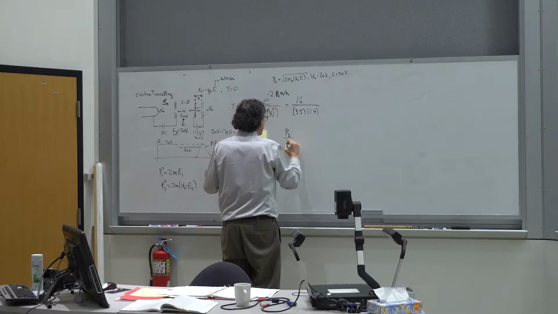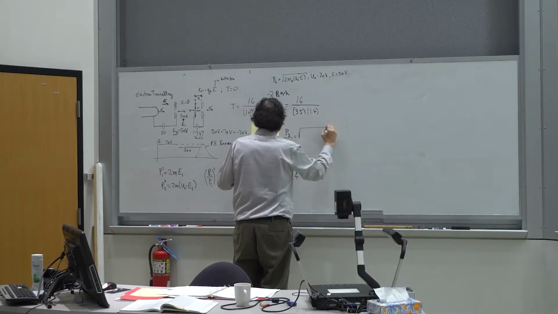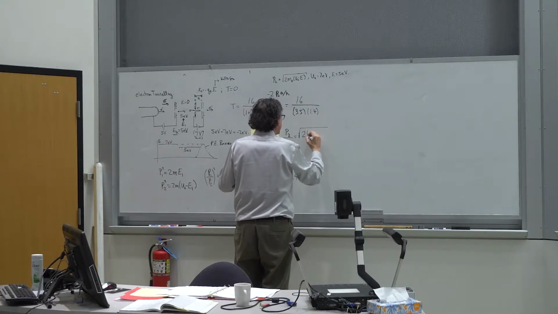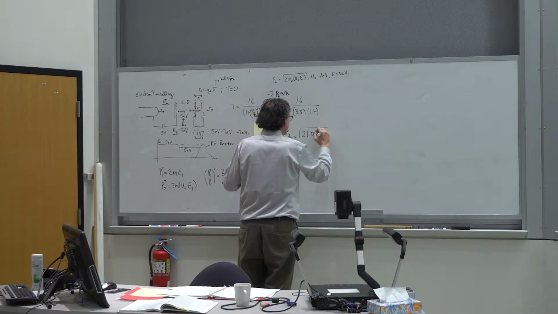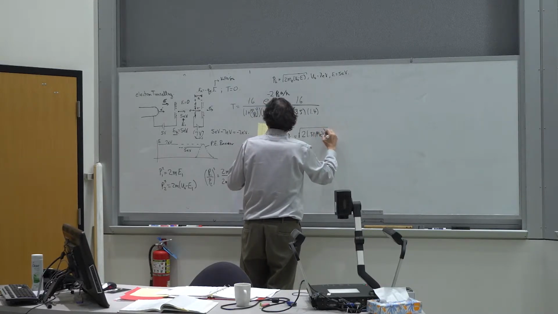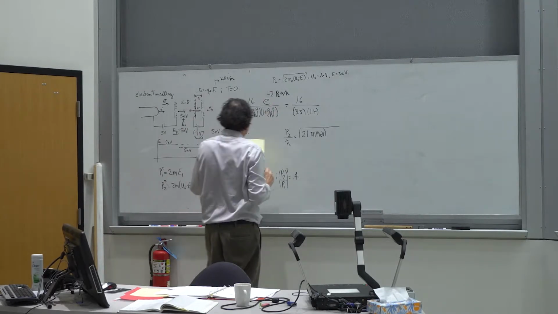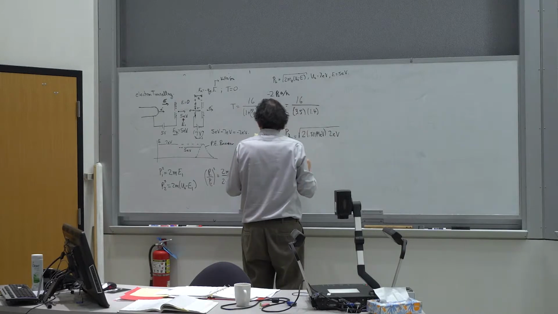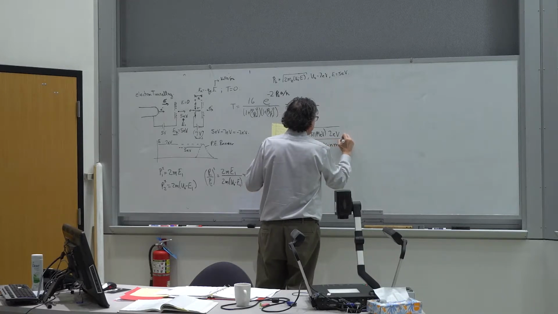So I get P2 over h bar is equal to the square root. And now I'll put numbers in here. This will be 2 times the mass. The mass is 0.511 MeV. And U0 minus E is 2 electron volts, so I'll put 2 eV in here. And I'm going to divide by h bar, which is 200 eV nanometers.